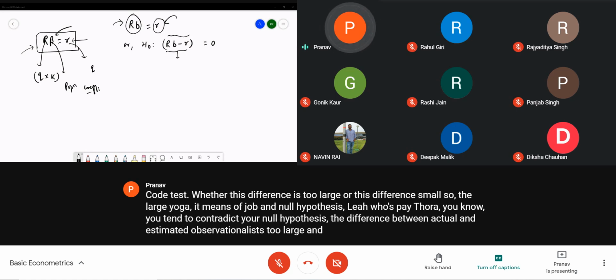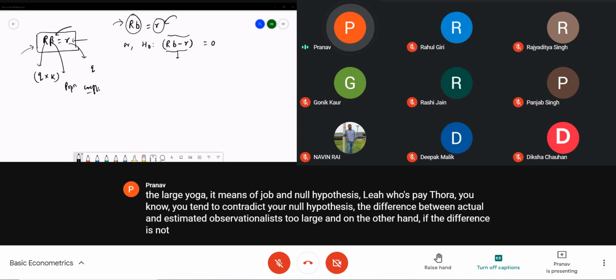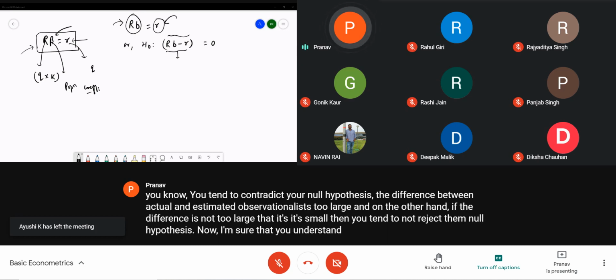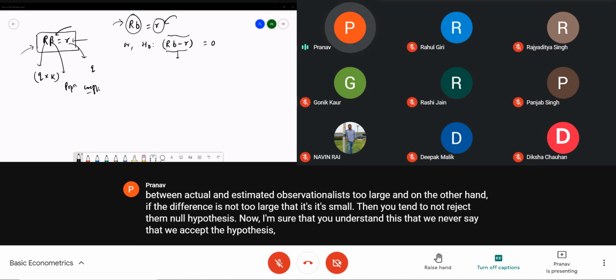On the other hand, if the difference is not too large, that is small, then you tend to not reject the null hypothesis. Now I'm sure that you understand this, that we never say that we accept the null hypothesis. We always say we do not reject the null hypothesis.